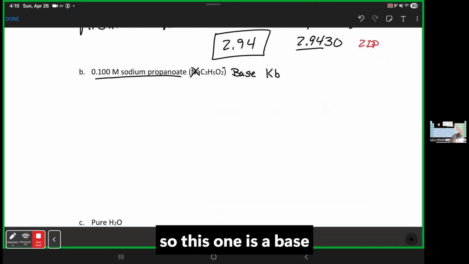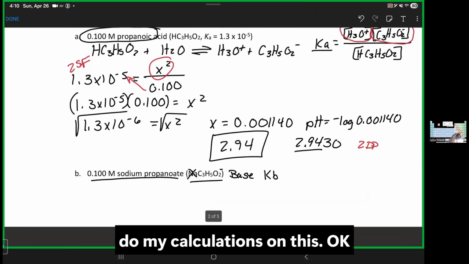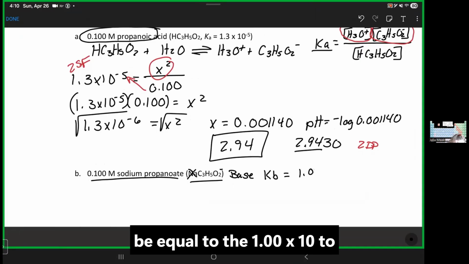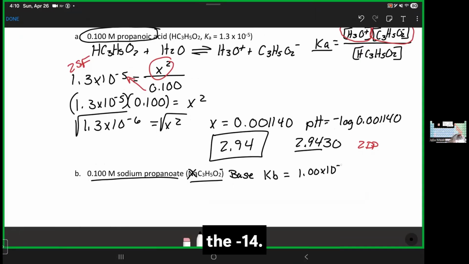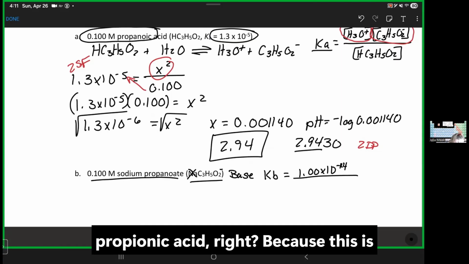Okay, so this one is a base, so I need my Kb to do my calculations on this. My Kb is going to be equal to 1.0 times 10 to the negative 14 divided by the Ka of the propionic acid, right?